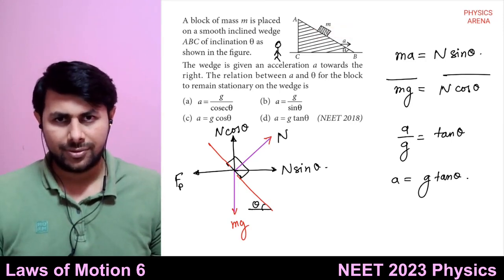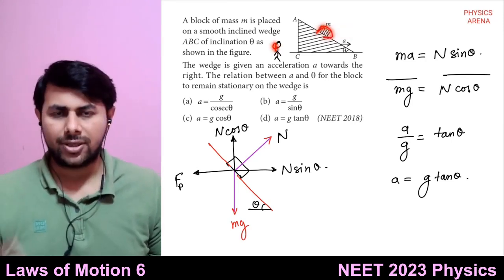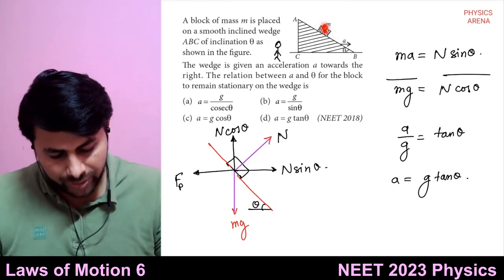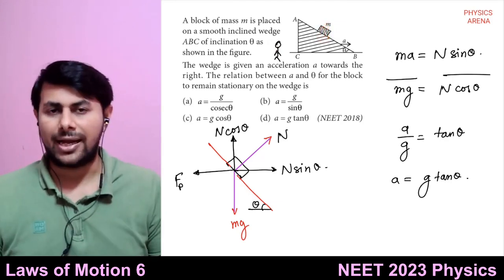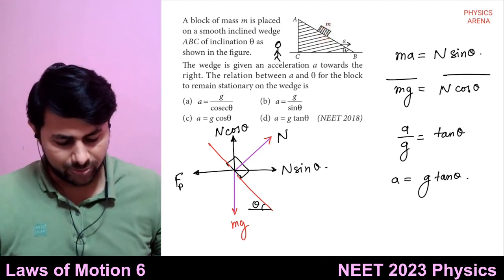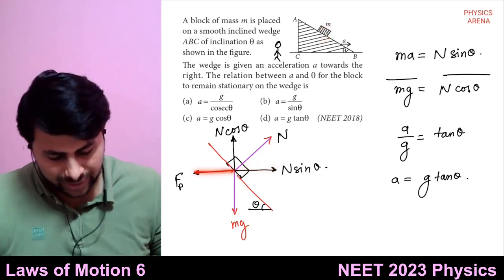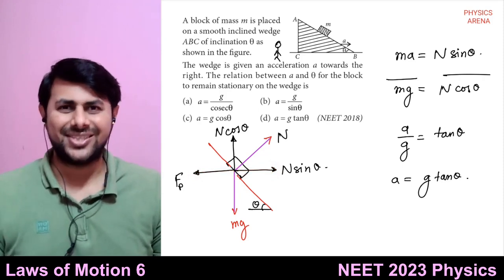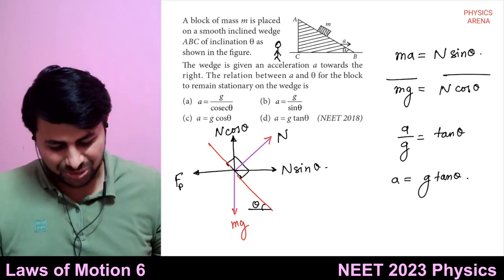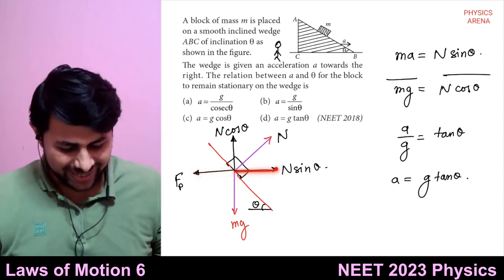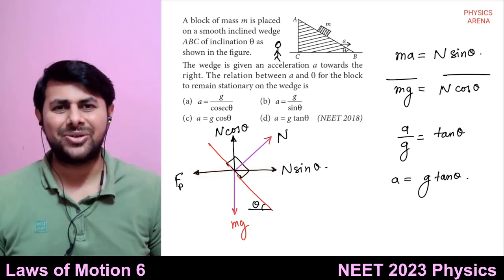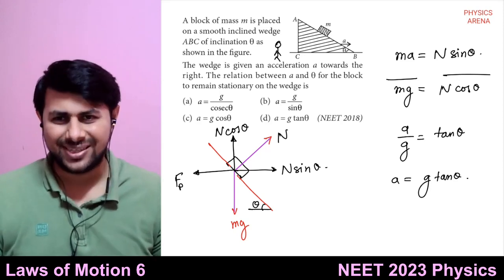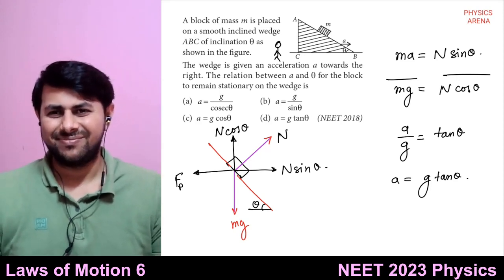While for the observer riding along with the block, the horizontal component of normal reaction is balancing the pseudo force acting on him, towards left, and that's his reason that I am at rest. All the forces acting on me are balanced, and that's why I'm at rest. Got this?